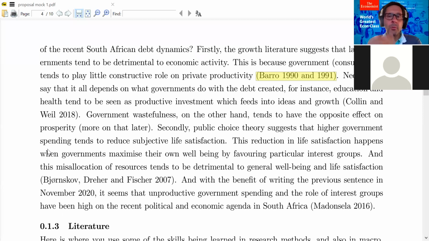I'm not going to explain to you the economics, right? We kind of understand. We had Ramaphosa, the president, telling us yesterday all those interesting details of corruption. Needless to say that it all depends on what governments do with the debt created, right?